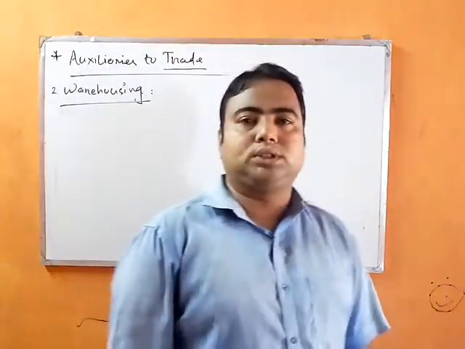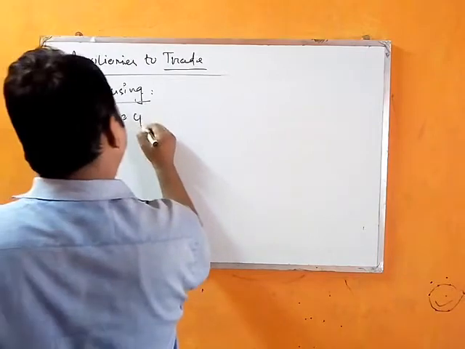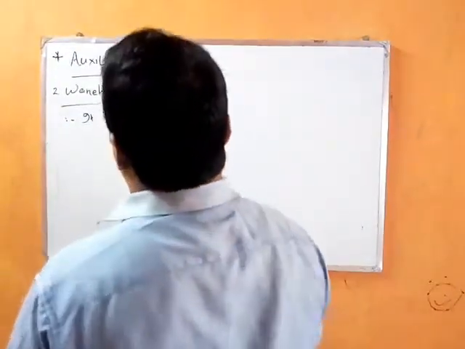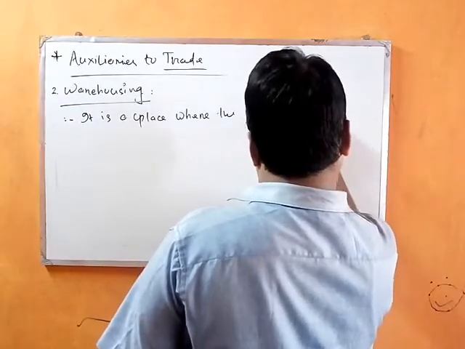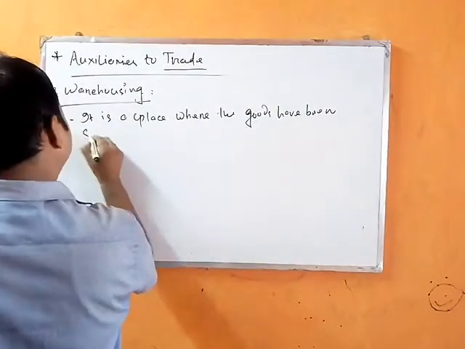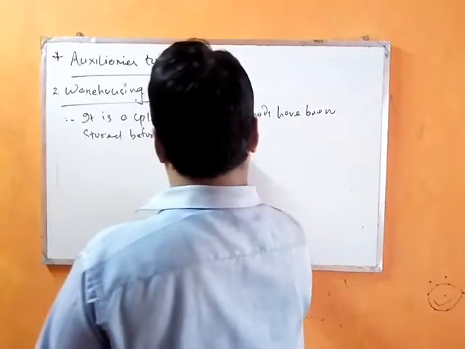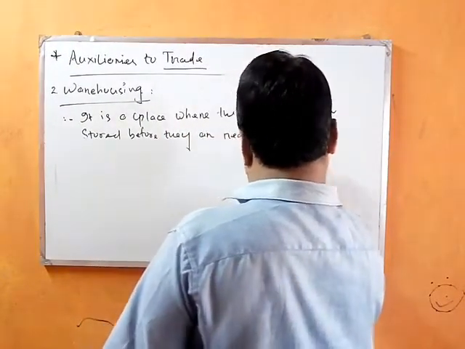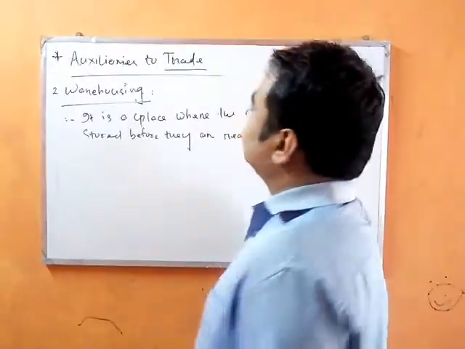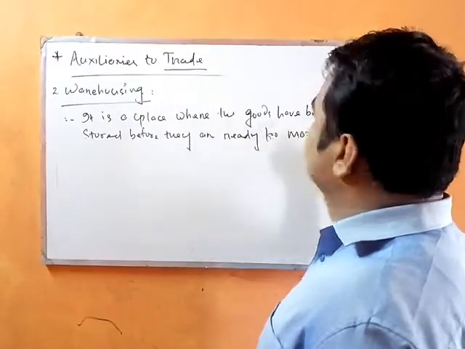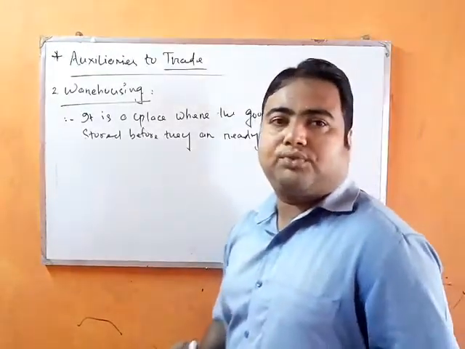Then the second point is warehousing. What is warehousing? Warehousing is nothing but a place where the goods are stored before they are ready for the market or out for delivery.